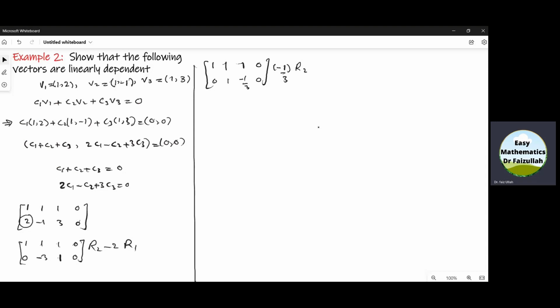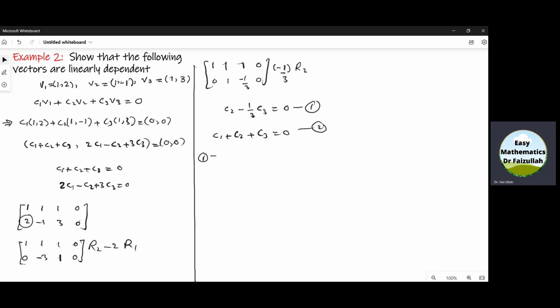Now by backward substitution, we have C2 minus 1 over 3 C3 equal to 0. Let us say this is equation number 1. Then we have C1 plus C2 plus C3 equal to 0. This is equation number 2.